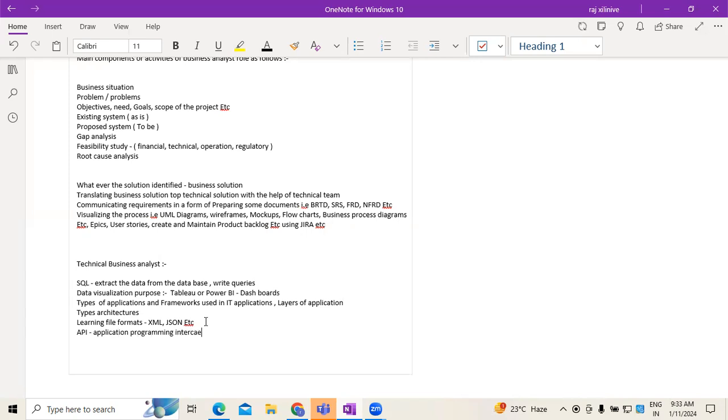If you want to communicate between two different applications, there is some API we have to create. It can be SOAP API or RESTful API. Some people go for SOAP API, some go for RESTful. So application programming interface is also required.